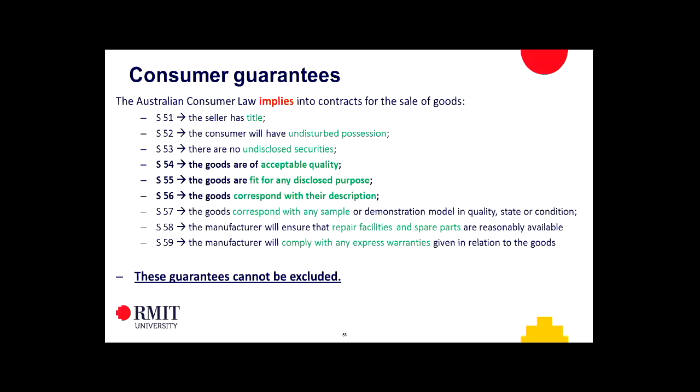Say for example, you're buying that laptop, you bought the 16 gigabytes dedicated RAM to play games. And you get home and it just can't play games. You've told the salesperson that you want it to play, I don't know, PUBG or whatever everyone's playing now. Get home, it doesn't work. You can then take it back because it was not fit for a disclosed purpose. You physically said what it's for.